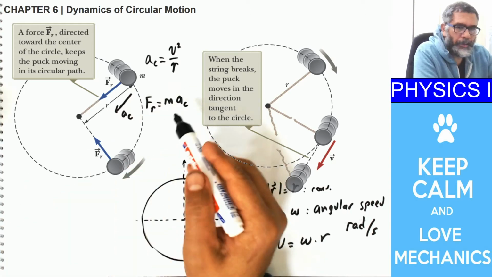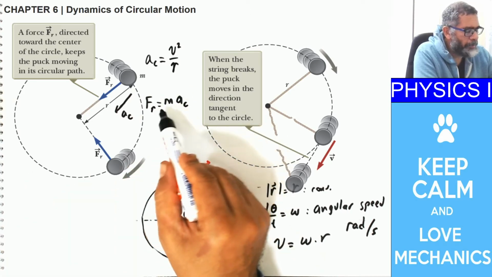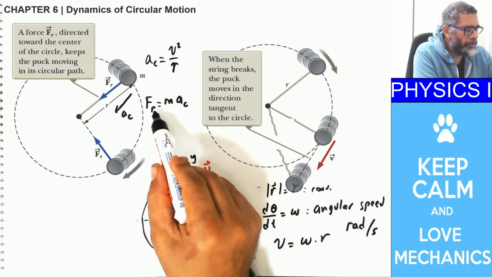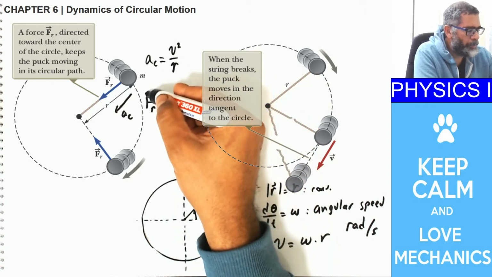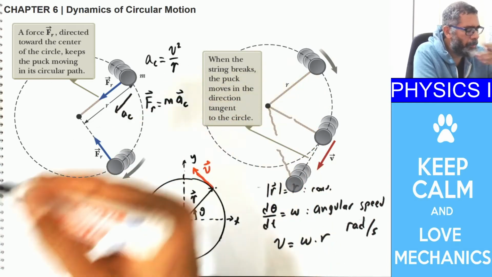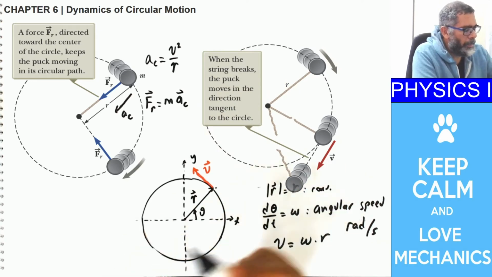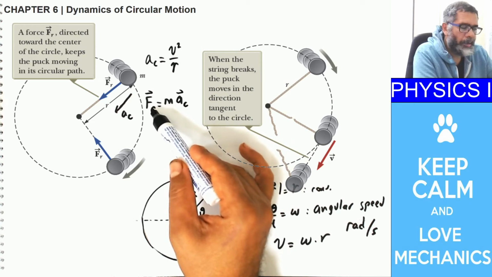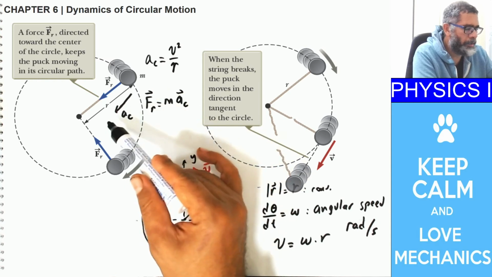So I just wrote down the magnitude of Newton's second law, the magnitude of force and the magnitude of acceleration. You have to put these vector signs over here anyway. But we know that the direction of the force is always toward the center. Also, the direction of the acceleration is always toward the center.